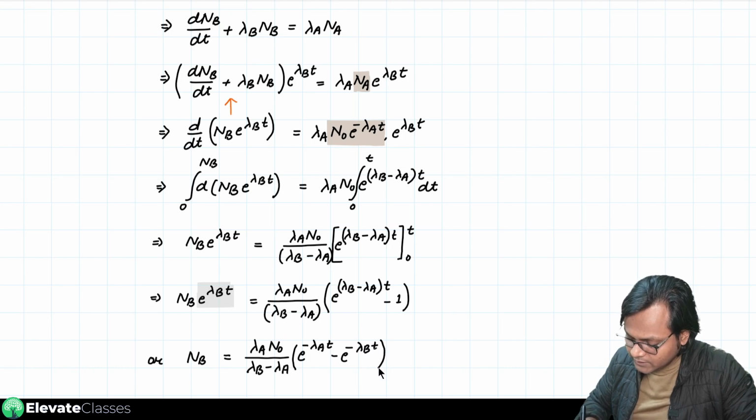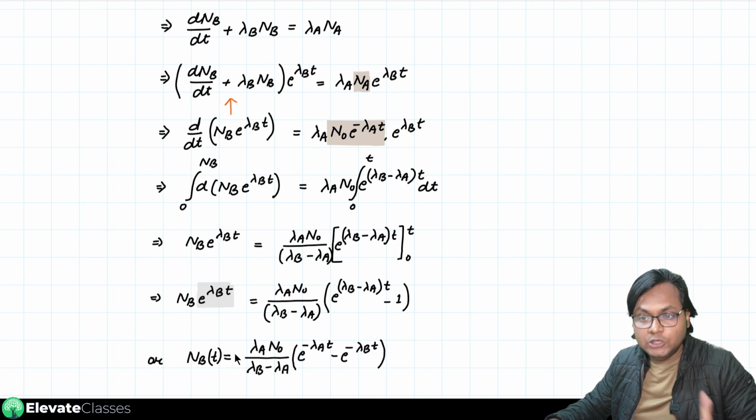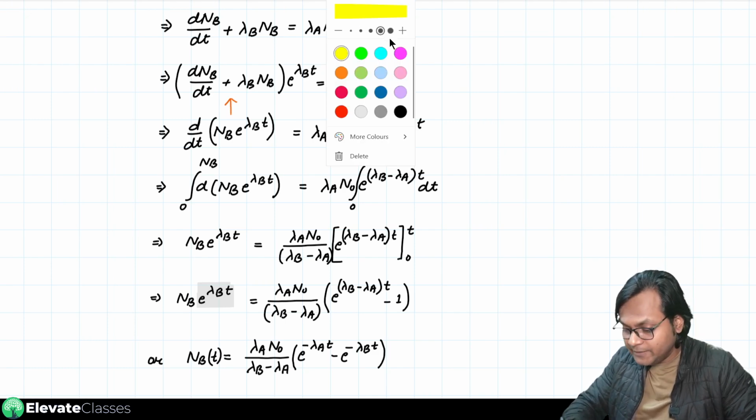That's it. All right, this is the number of radioactive nuclei, the intermediate nuclei, at any given point in time.